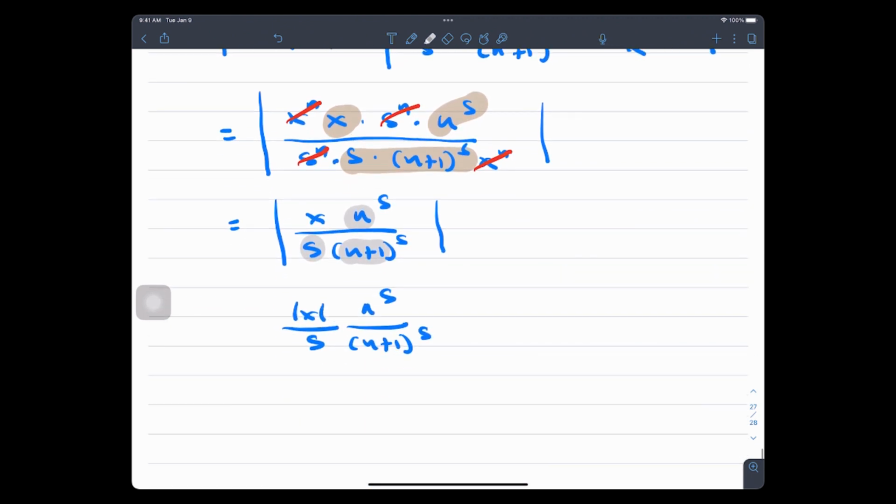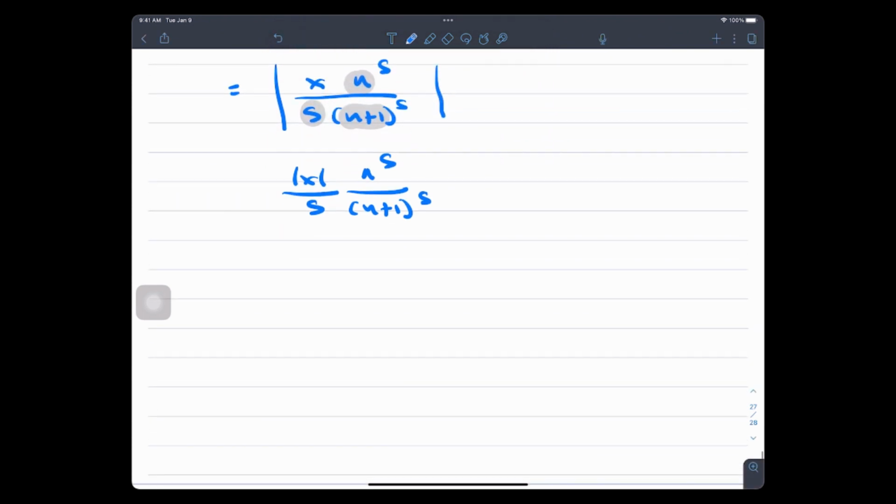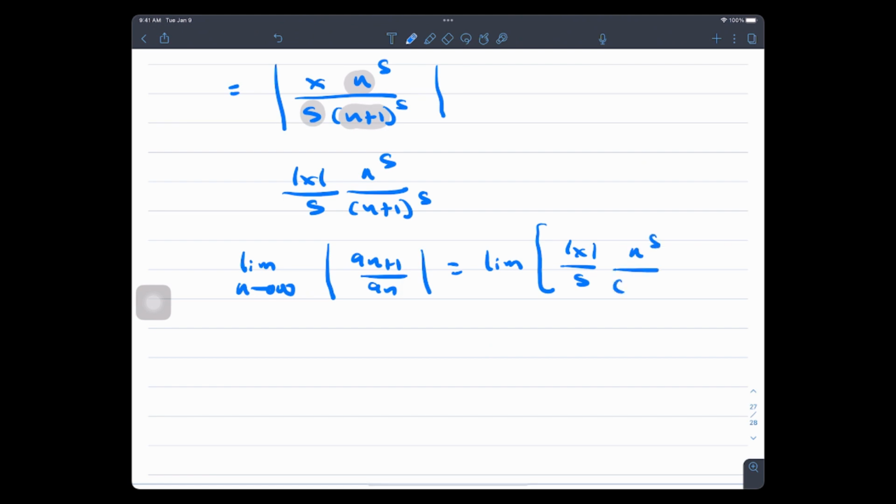Is that right? So now when you say, I have to take this limit, what do? Right? You now have n to the fifth power, n plus 1 to the fifth power.